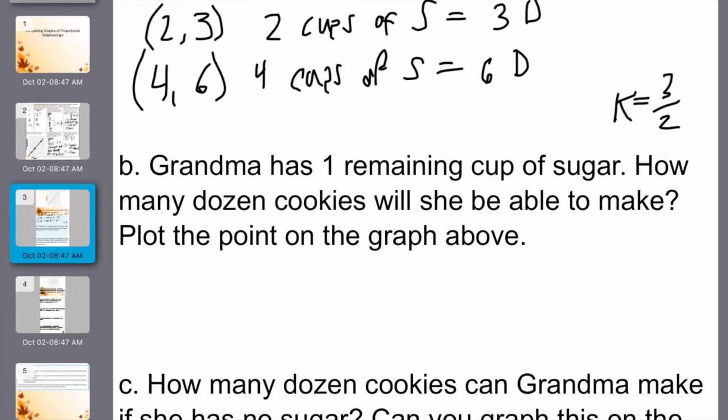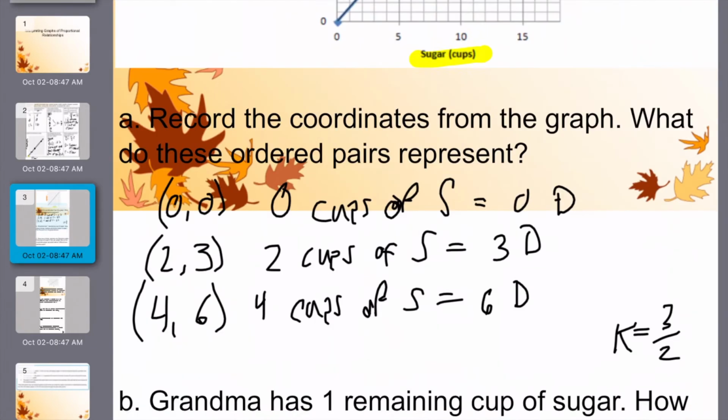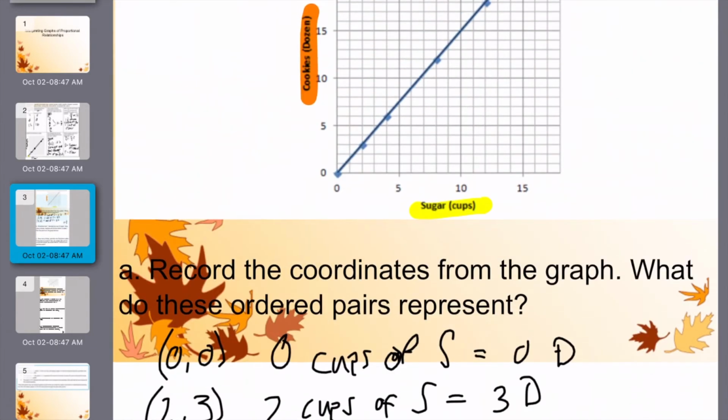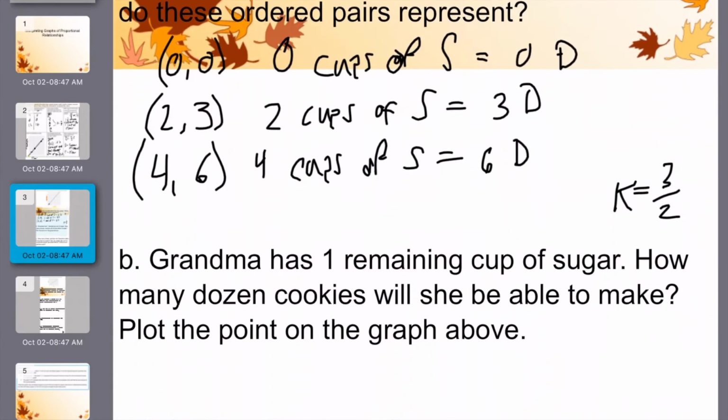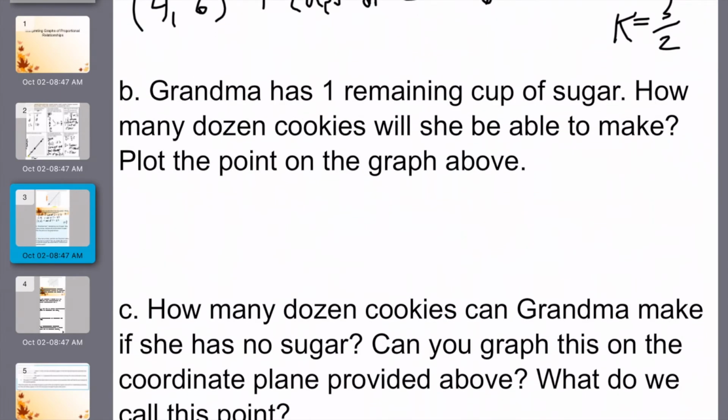Okay? So I can look up here. If I have 1 cup, it looks like it's going to be roughly right there, which is 1.5 dozen cookies.